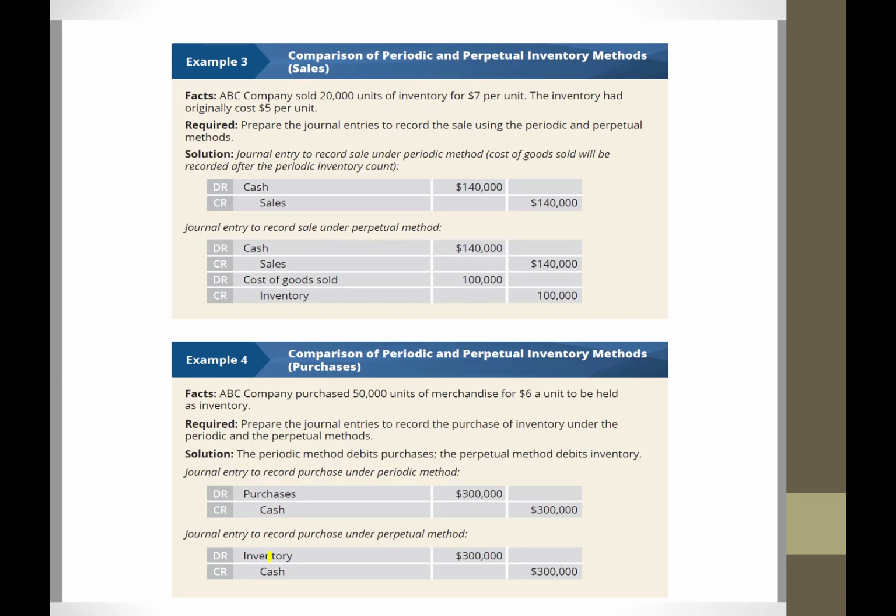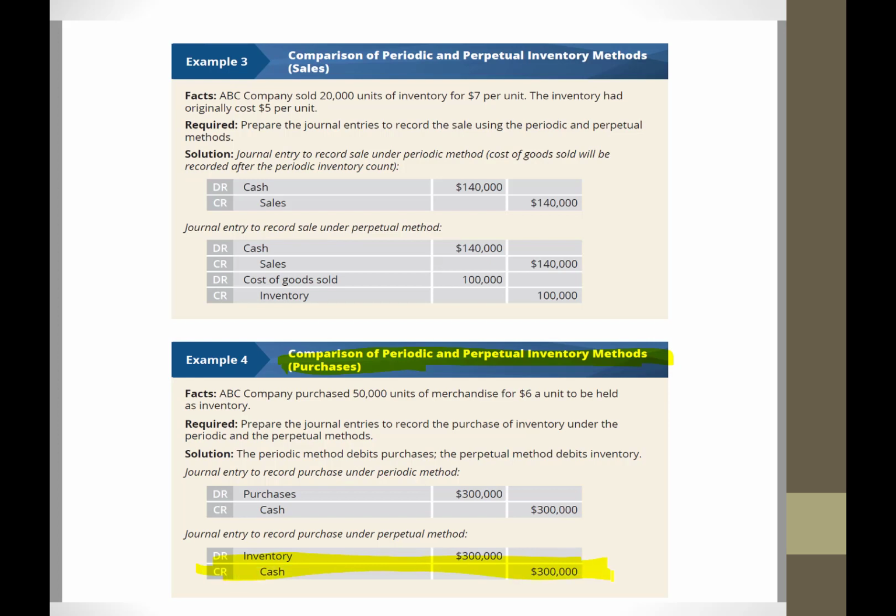So if you look at this next example, we're going to compare the two methods. This is kind of flipped. Now that I think about it, I could have controlled which one I put first, and I should have put the purchases first. So we purchase inventory. Let's do perpetual first because that's easy for us.